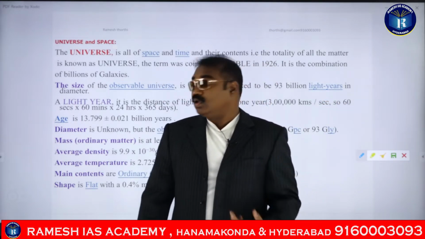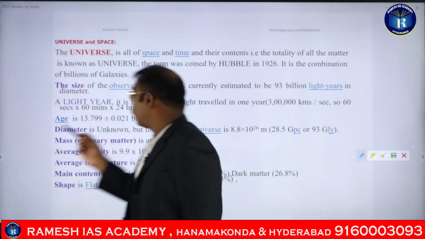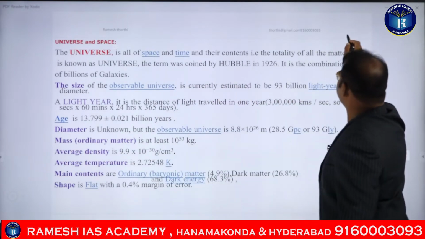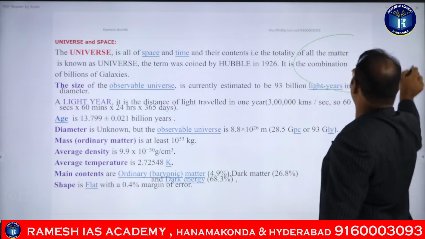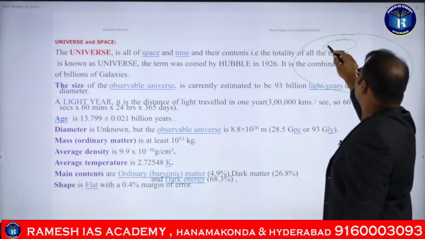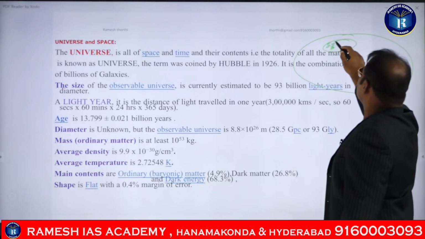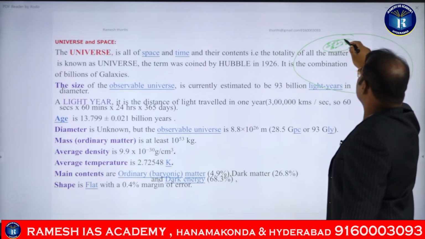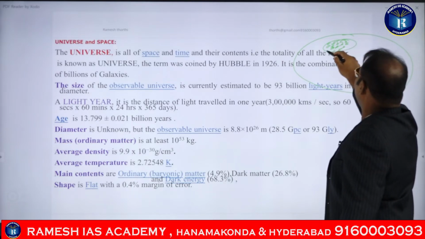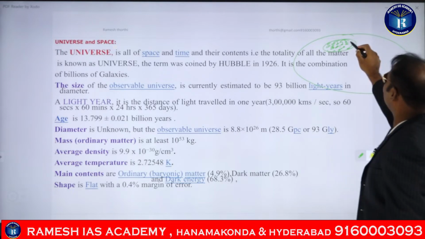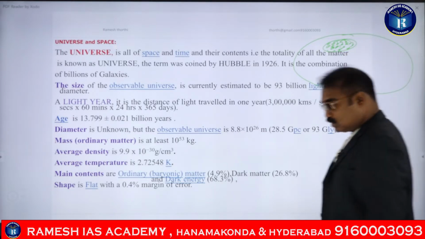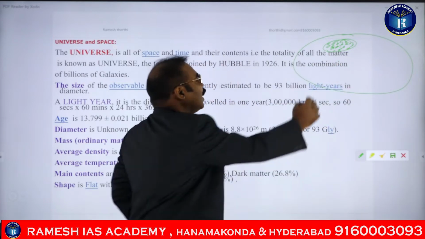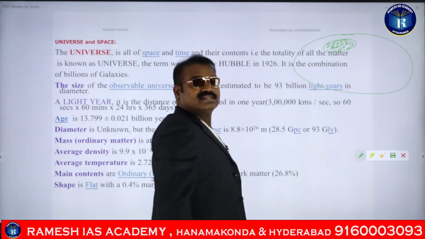The universe looks like an egg, and in it there are several super structures, eggs. Within them you again have smaller eggs, and these smaller eggs are nothing but the galaxies.